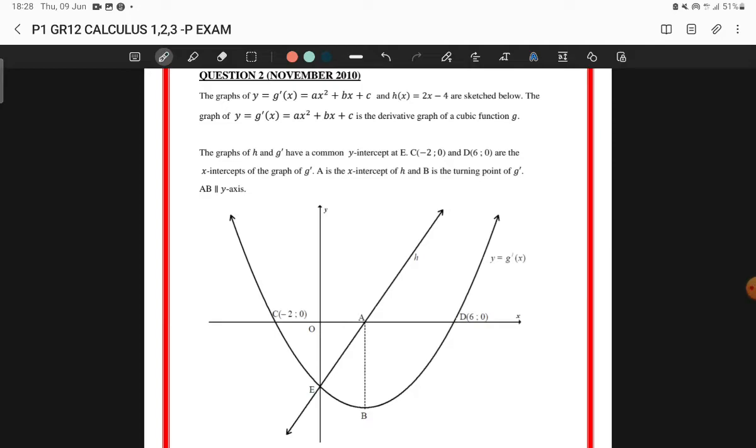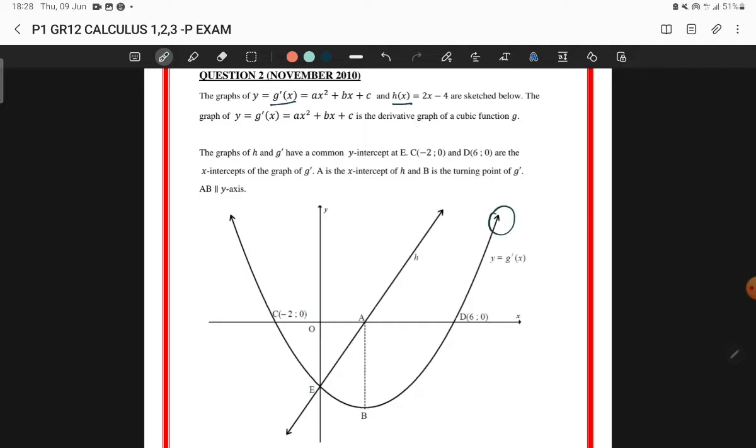Today, our lesson is on calculus, specifically the graphs of calculus. Looking at this question closely, you'll find that we are given the derivative of the function, which is a cubic function, and the straight line h of x that are sketched below.